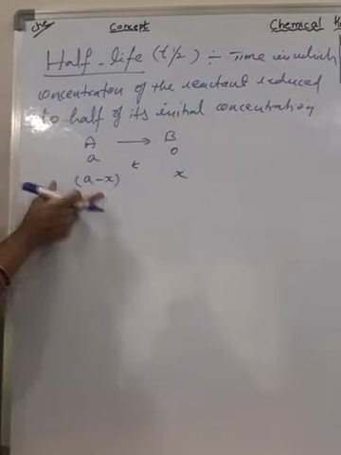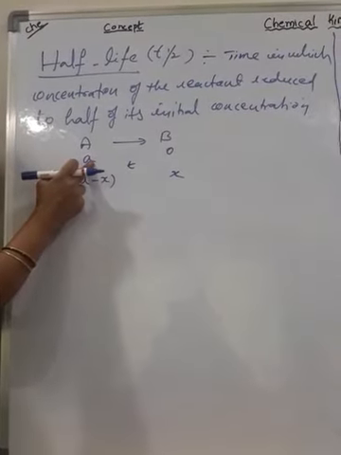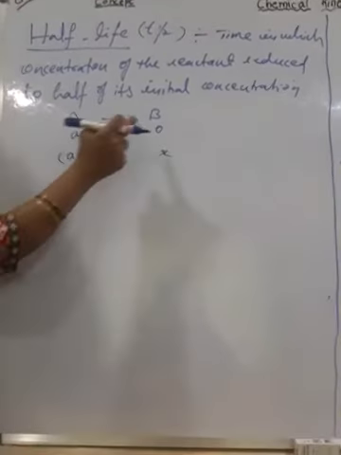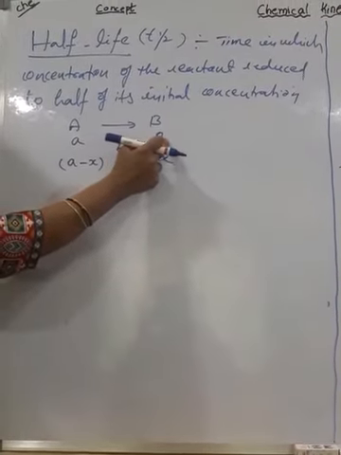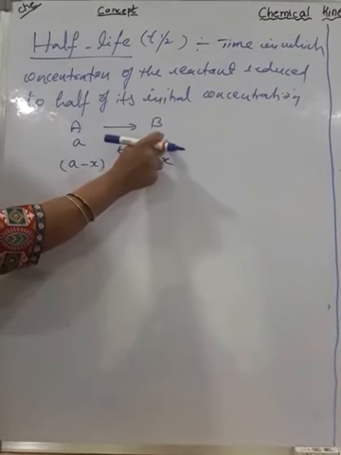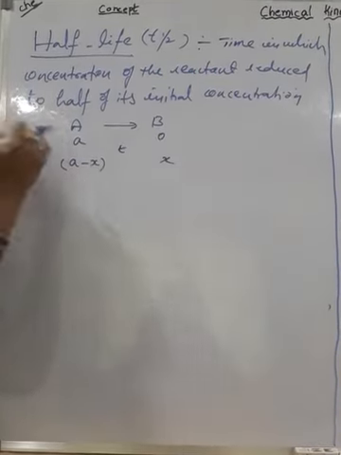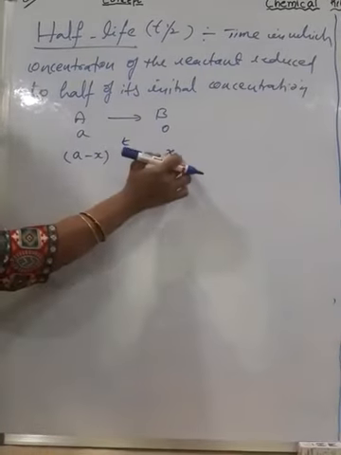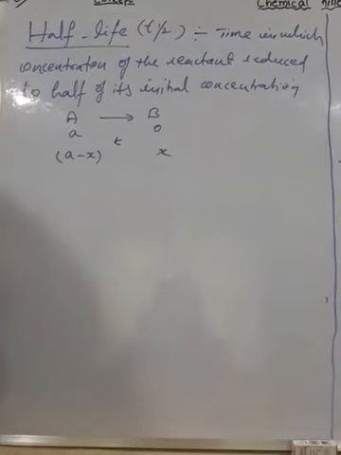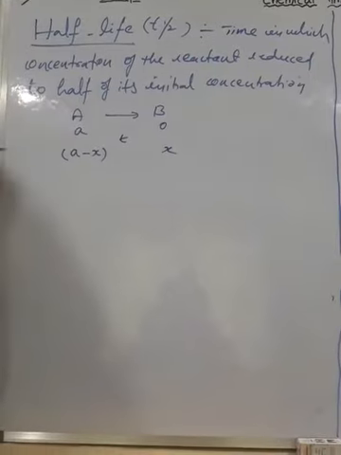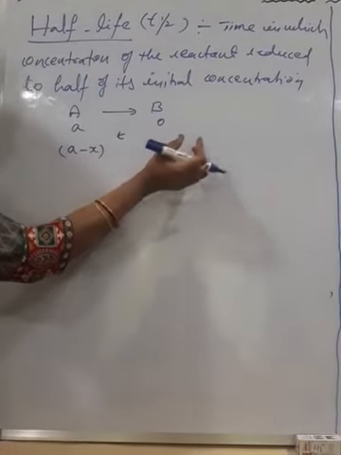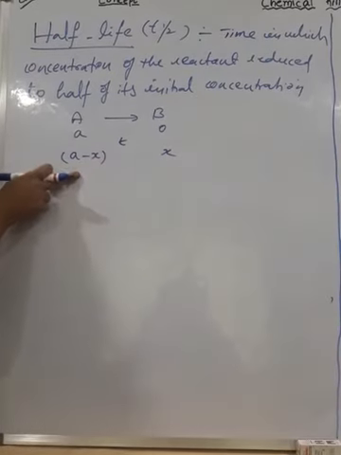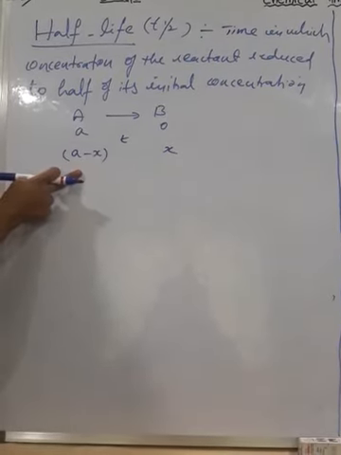Initial number of moles is a, and initially the number of moles of products is 0. After commencing the reaction, we get x moles of B. So after the formation of x moles of products, the remaining reactants are a minus x.